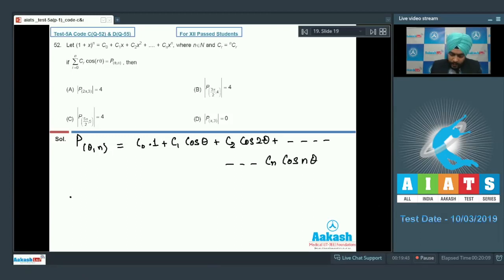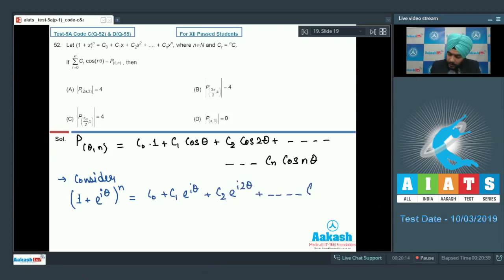So students, if I consider (1 + e^(iθ))^n, that is C0 + C1 e^(iθ) + C2 e^(i2θ) + ... + Cn e^(inθ).